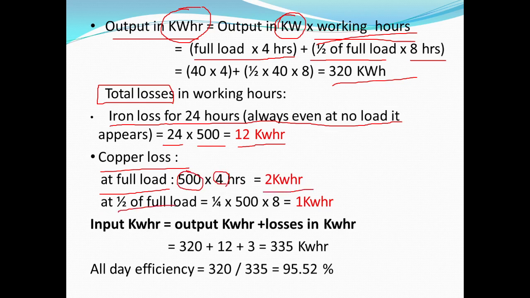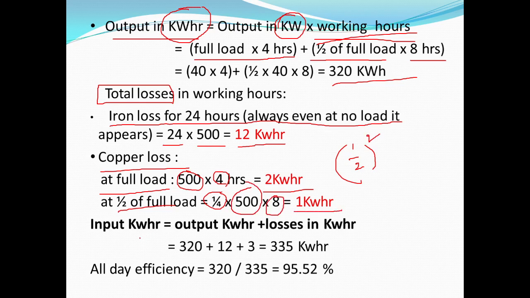At half full load, that is x squared, 1 upon 2 whole squared, the losses are 500 and operated for 8 hours, so we get 1 kilowatt hour.